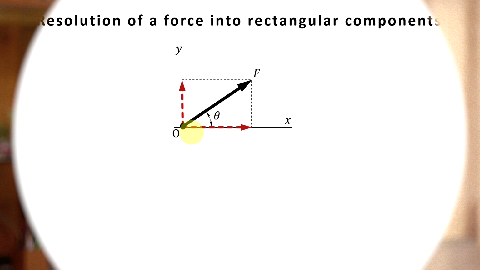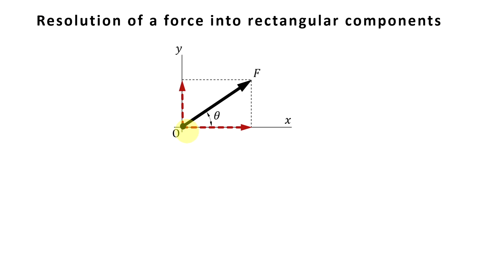Now, at school level you have studied the law of parallelogram of forces. You must know that the length of a side of the parallelogram is directly proportional to the magnitude of the corresponding force. So in this case, the magnitude of the horizontal component is the length of this side, and by the geometry of the right angle triangle, this length is F cos theta, the magnitude of the horizontal force.